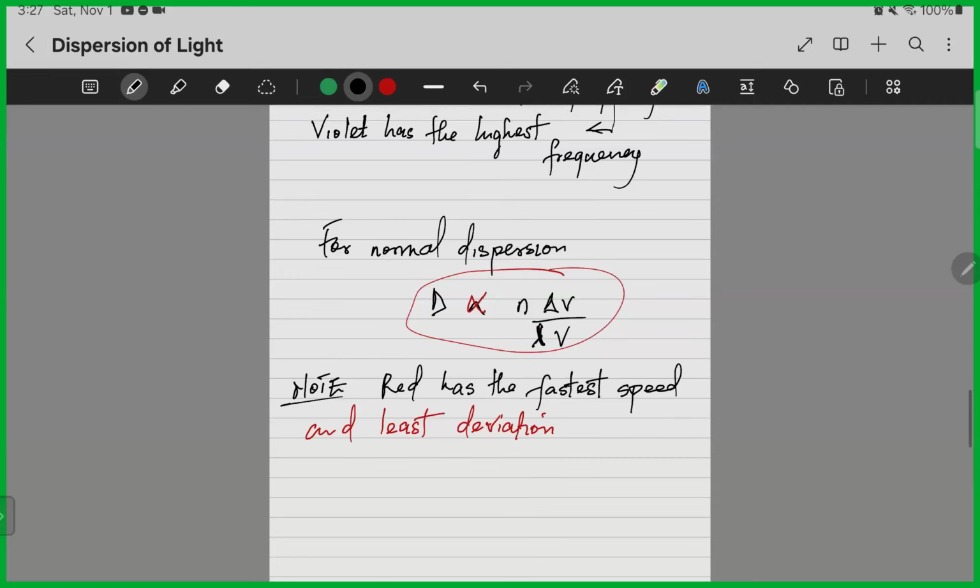So since dispersion is directly proportional to this entire thing, okay, I'm not going to make that point now. Just keep this formula in mind.